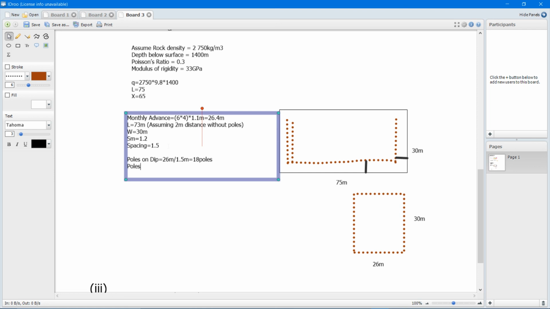And then here, poles on strike is equal to 30 meters divided by 1.5, which gives us 20 poles.